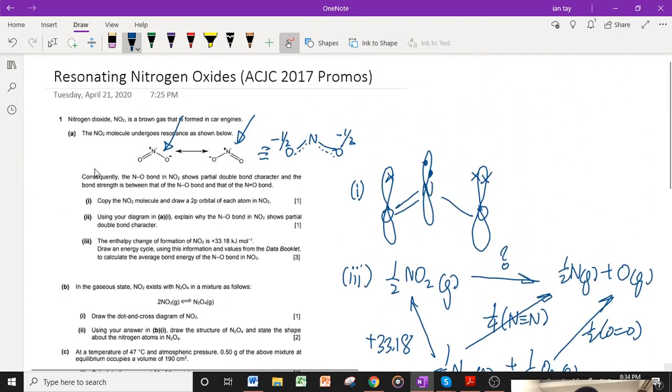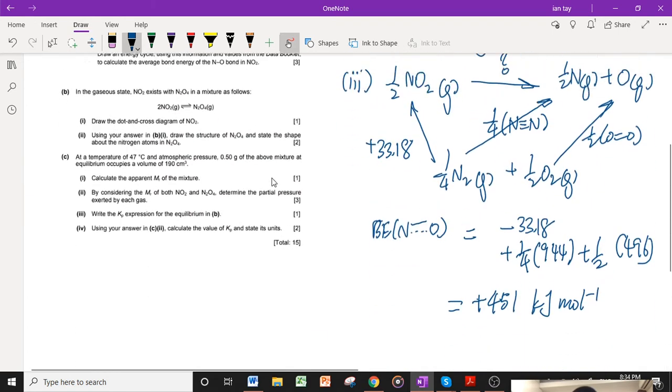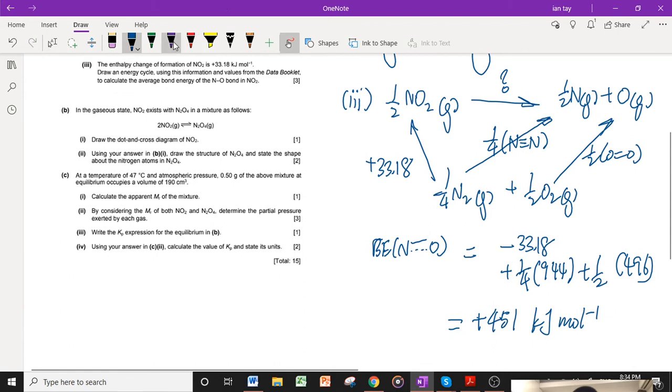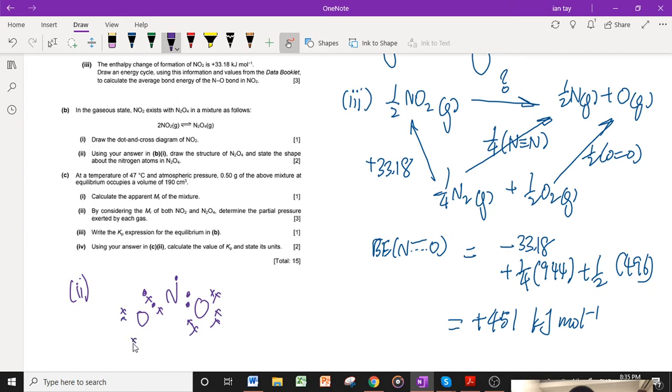In fact, you are already given the Lewis structure, so the dot and cross is very trivial to draw, if you agree with me. So what would be the dot and cross? And over there we are done with our dot and cross diagram.